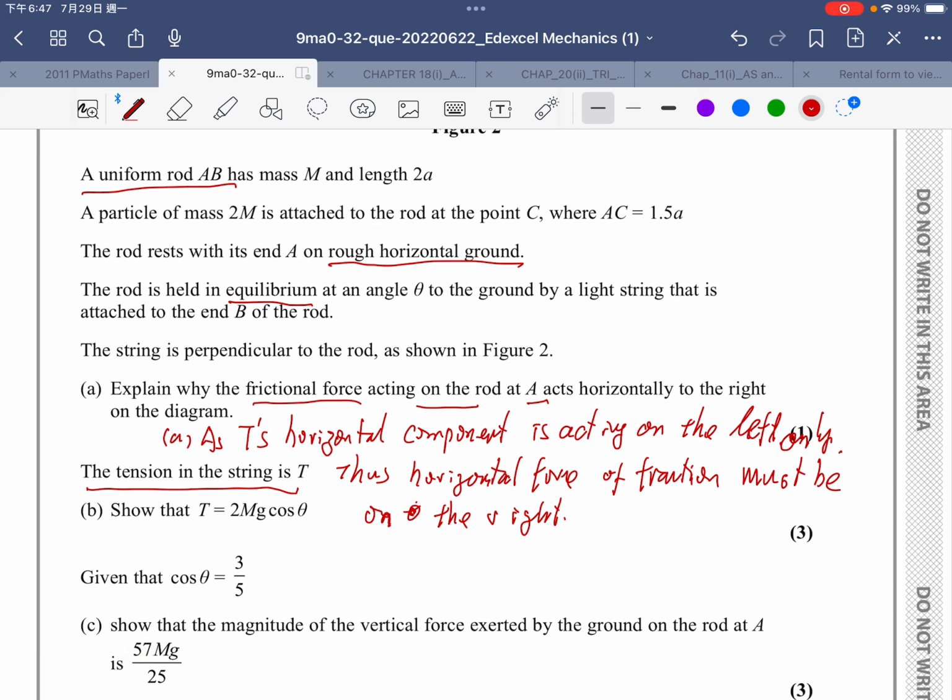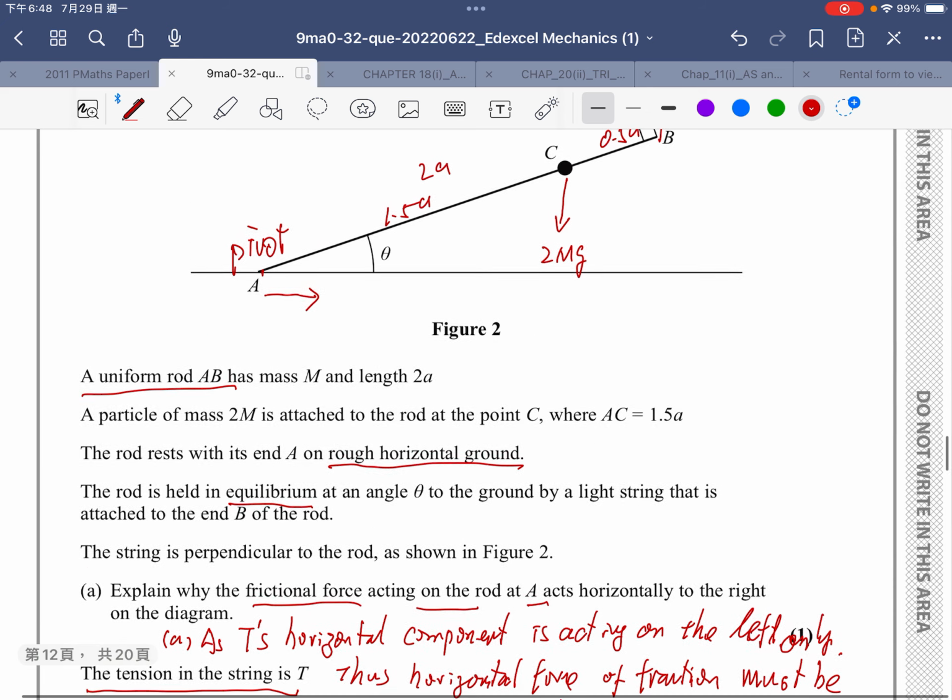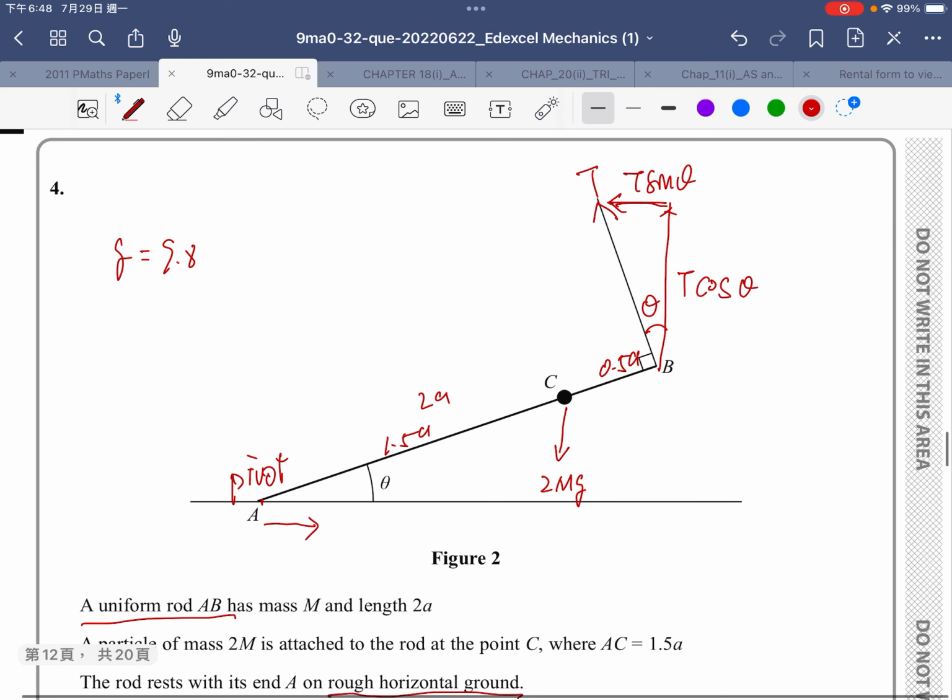And now for part B, let the tension of the string be T. Actually, I use this to explain part A as a good technique to answer a question. For part B, we have to decompose the forces into several parts.